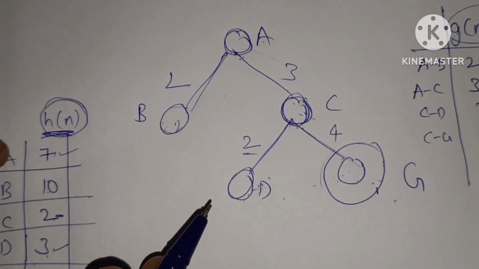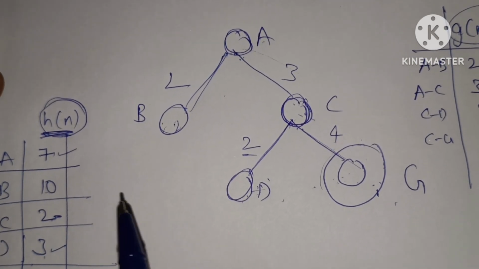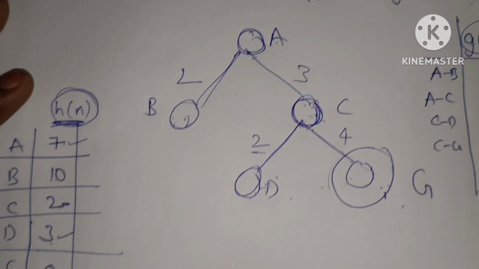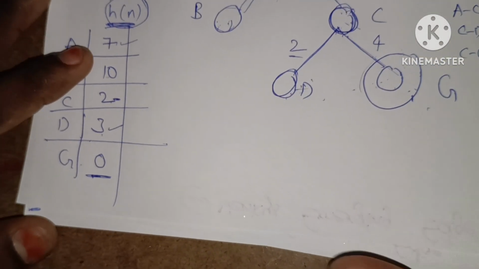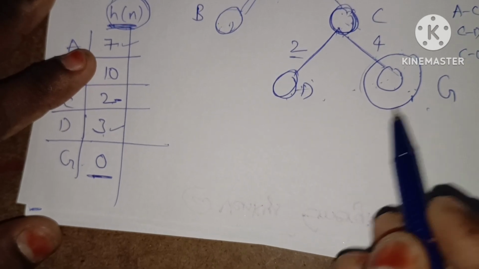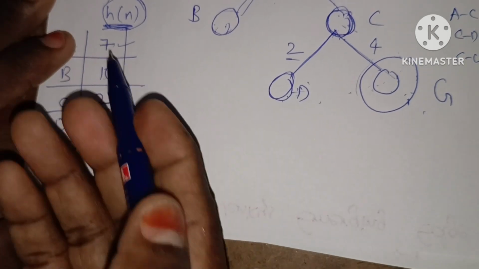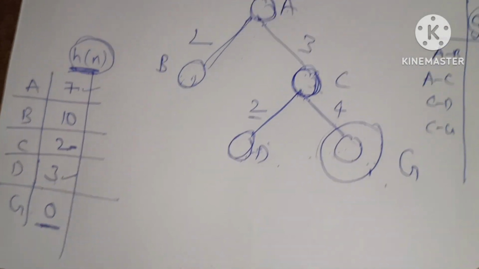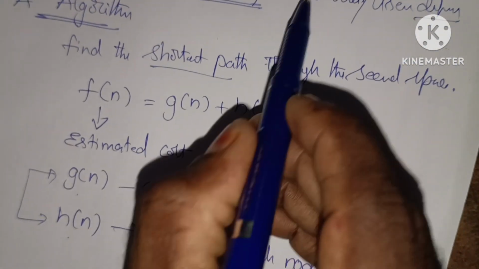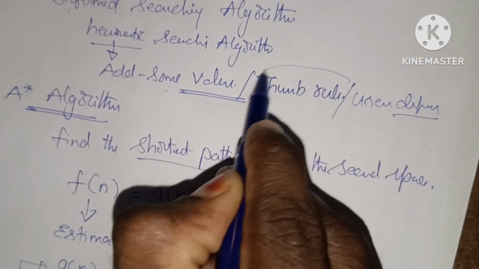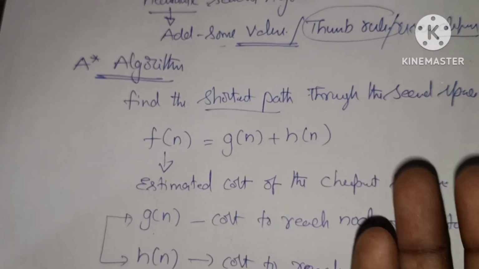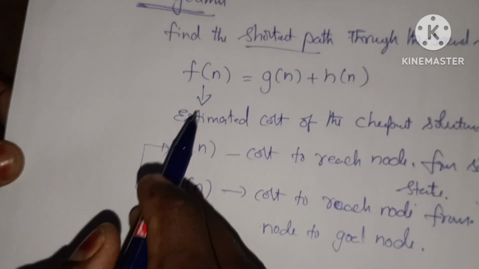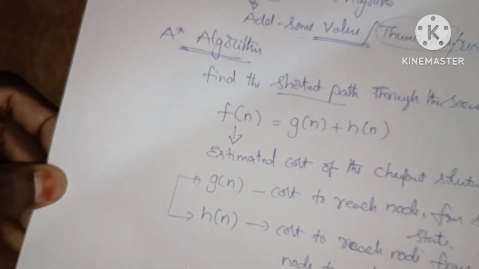The estimated costs are also different, maybe based on the user and based on the problem. Is it clear? In mathematics you can say, let x is equal to something, let x is equal to y. That is like a heuristic value. We use let x is equal to 3 or 4 to solve the problem, by using a thumb rule. Only if we take let x is equal to 2 will that problem be solved. Those are called estimated values or heuristic values.